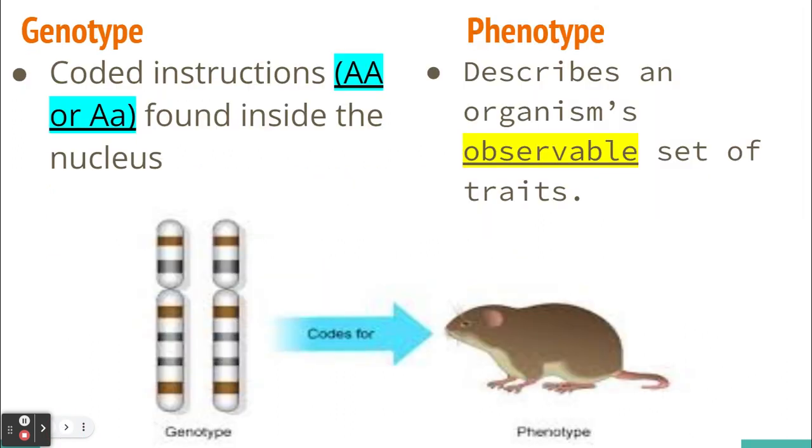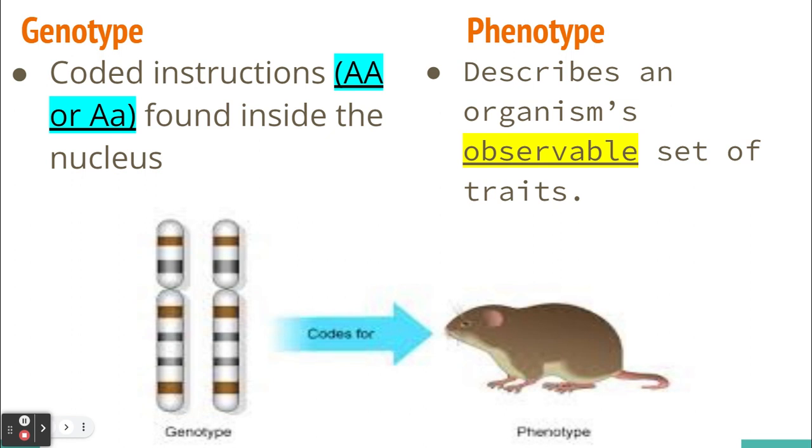Genotype is the coded instruction found inside of the nucleus, and usually these are coded with letters. So you can see the example of capital A's or a capital A and a lowercase a. Okay, if we see capital letters, one of those capital letters represents an allele. Okay, and if there's two capital letters, it's definitely going to present that the offspring is going to present that trait.